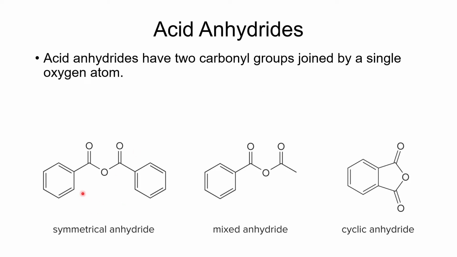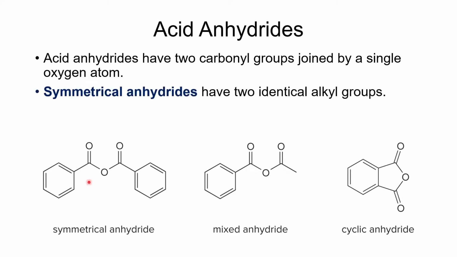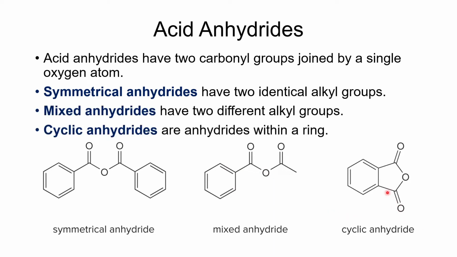One is called symmetrical anhydrides, where we've got 2 identical alkyl groups on either side of the carbonyls. We've got mixed anhydrides, where we've got 2 different carboxylate groups attached to an oxygen. And then finally, we have cyclic anhydrides, which are kind of in a category by themselves, in part because of how they're made and also in part because of how they react.